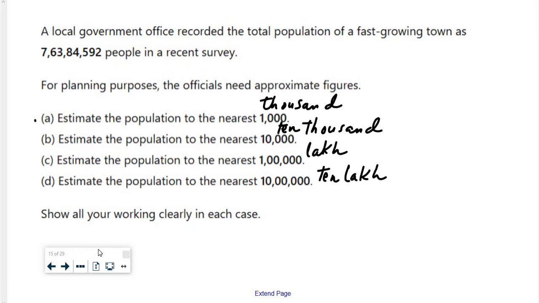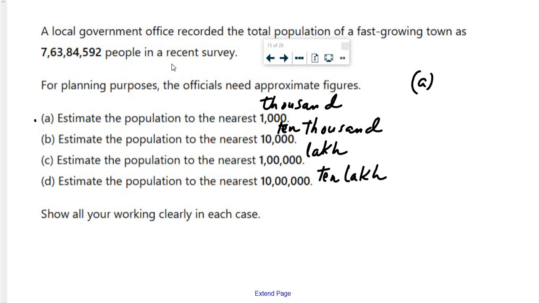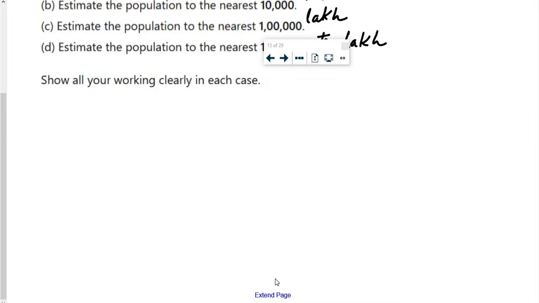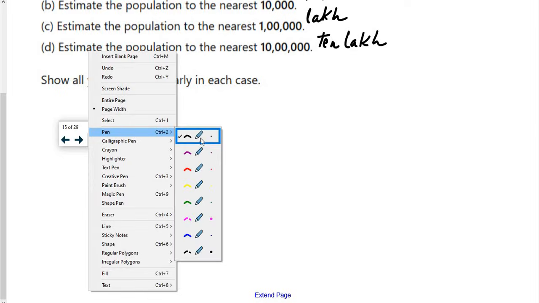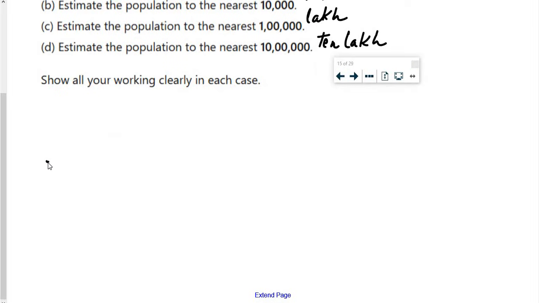So what do we do? It's pretty simple. I'll start with question A. Copy this number, 763,84592.